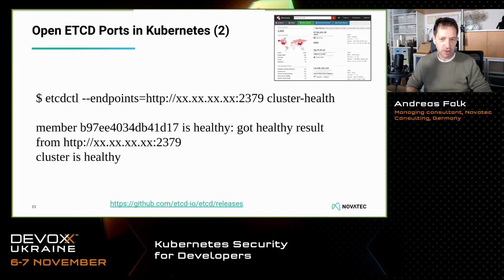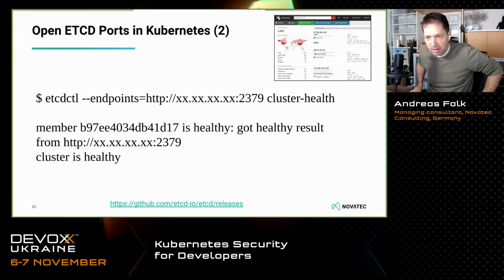Luckily, there's also a tool available called etcdctl, like kubectl. And if you have detected an open etcd database, you could just check for cluster health, for example. And if you got a healthy result, then you possibly can just access that cluster.